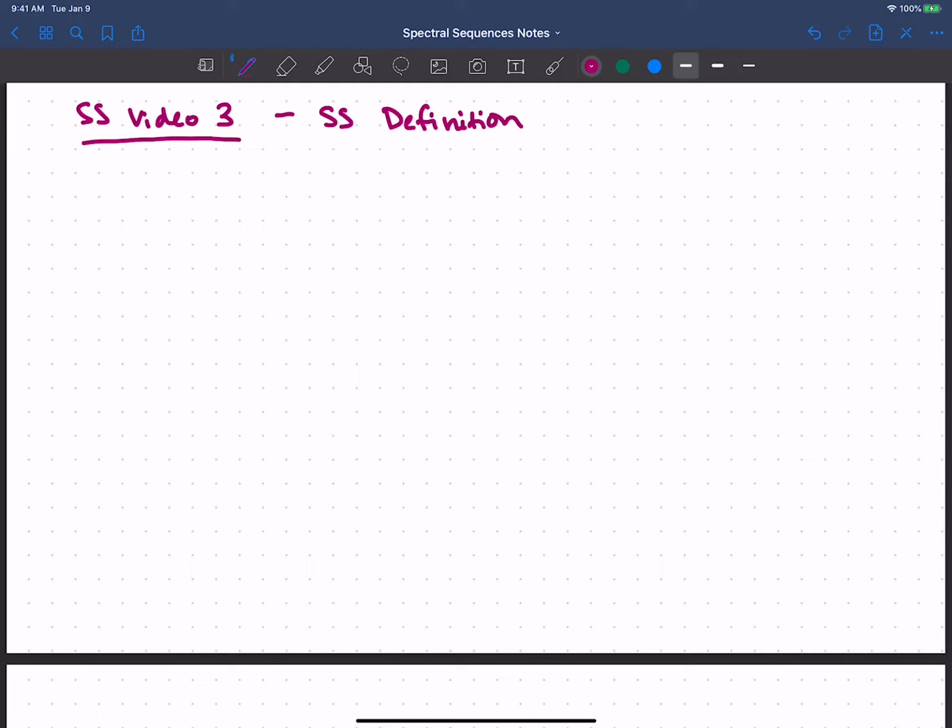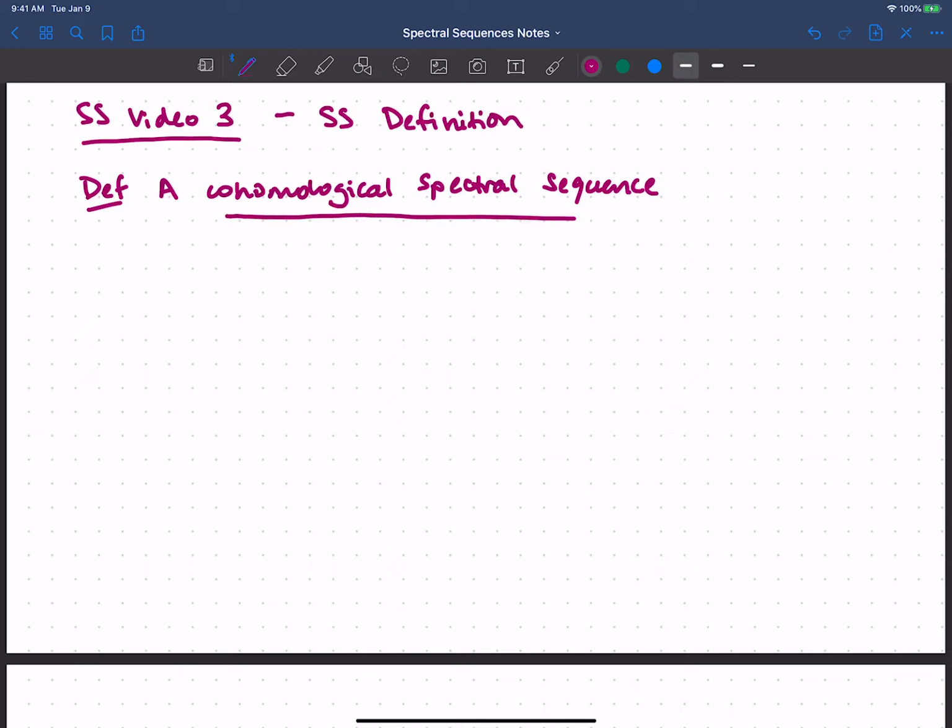So now that we've dealt with some preliminaries, we're ready to give the formal definition of a spectral sequence. Now there are a couple different types, so let's say a cohomological spectral sequence, which I'll usually just abbreviate SS.